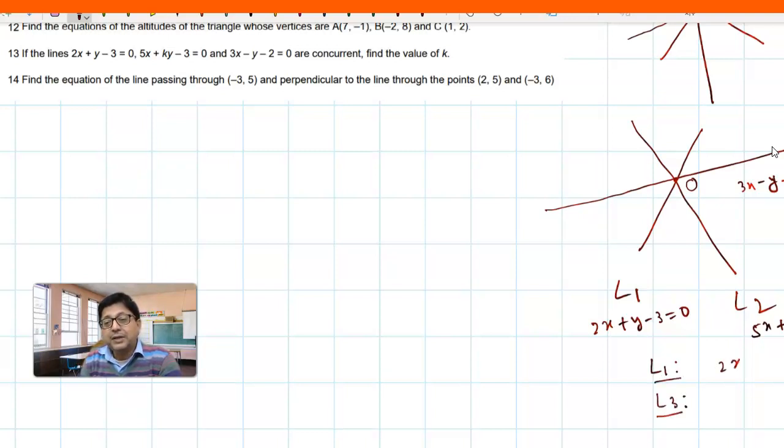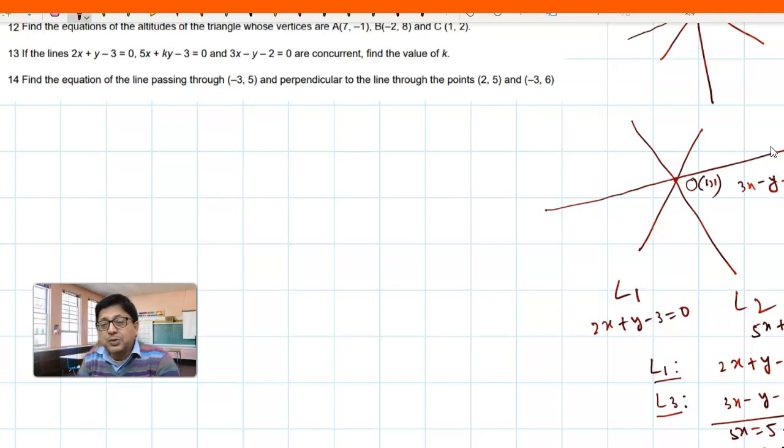So let us solve line L1 and line L3 first. L1: 2x plus y minus 3 equal to 0. L3: 3x minus y minus 2 equal to 0. Just add these two: 5x equal to 5. x is 1. Then put x equal to 1 here, y is going to be 1. So you got the point 1 comma 1. Now how to get the value of k?